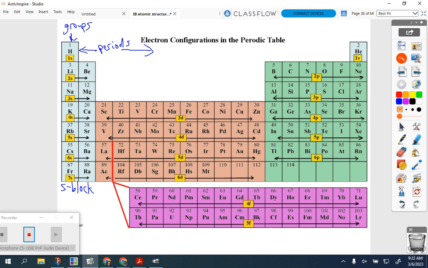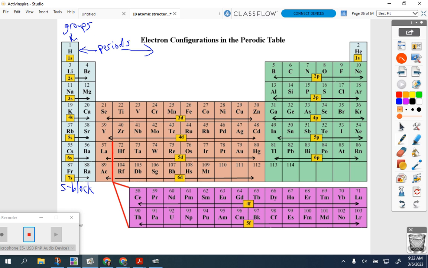And helium, even though it only has 2 electrons, because there's only room for 2, it has a full energy level. And that is a special thing that is true of all the elements in group 18, the noble gases. So that's why helium lives over here, even though its second electron is still going into an s orbital.